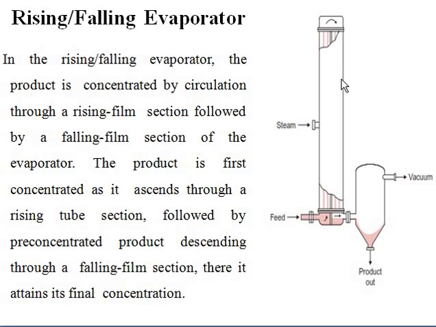So both effects will be followed, meaning rising as well as falling. Again a separator is there. It will separate the vapors, and they go to the condensation unit, and the finished product will be collected here. So this one is our rising falling film evaporator.